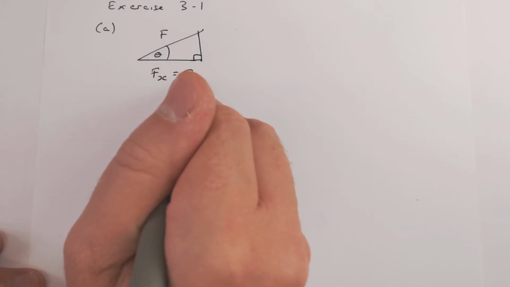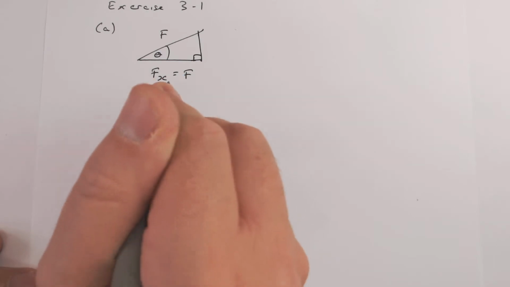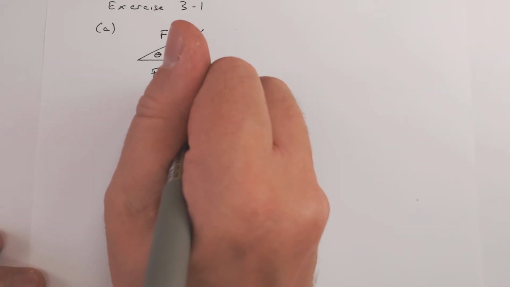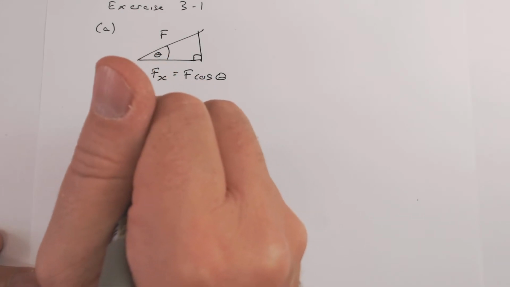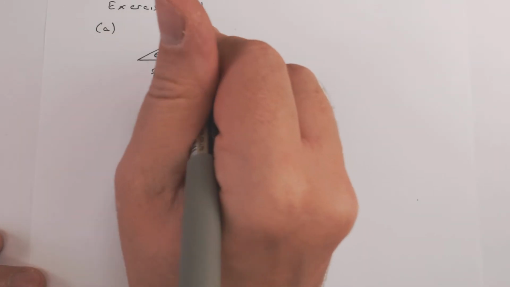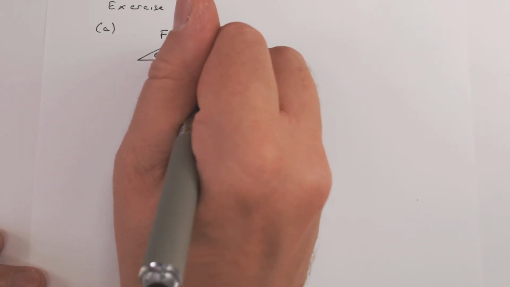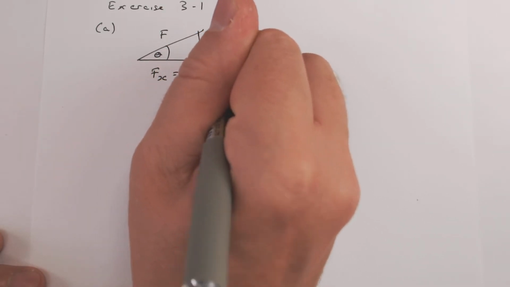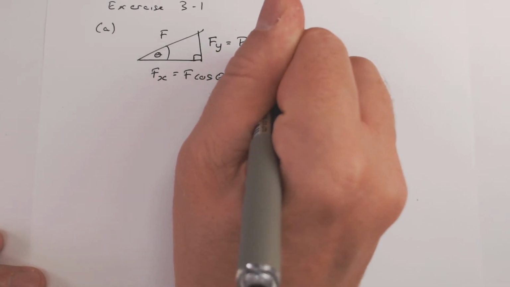Notice I'm not using a vector or anything here, so that's implying it's the modulus. So the force times cos theta, and we've been told to use sines and coses, so it makes sense to say that that's going to be Fy equals force times sine theta.